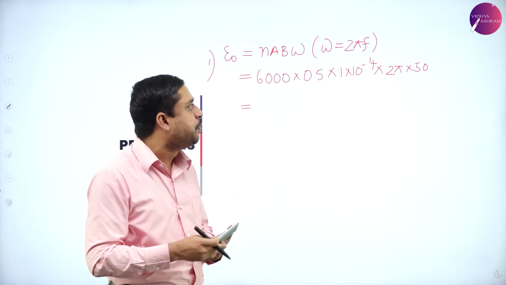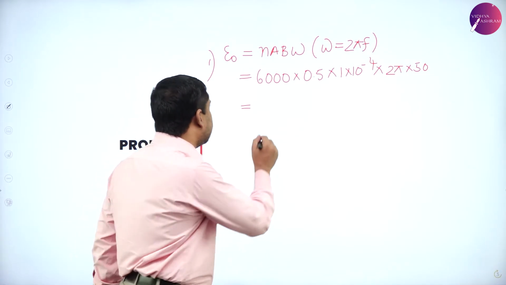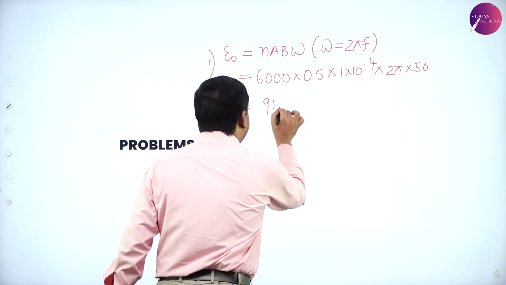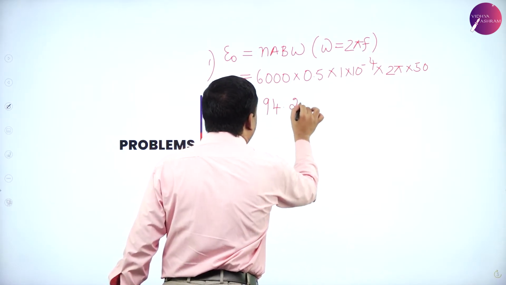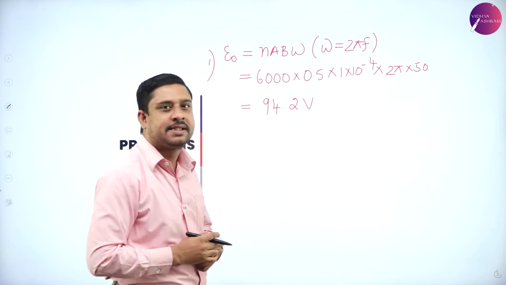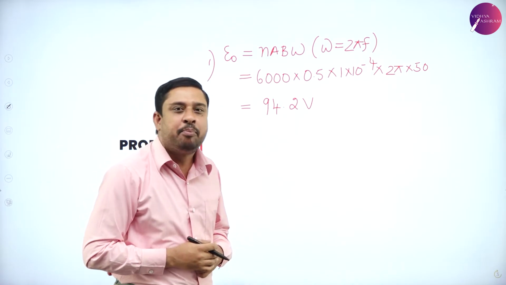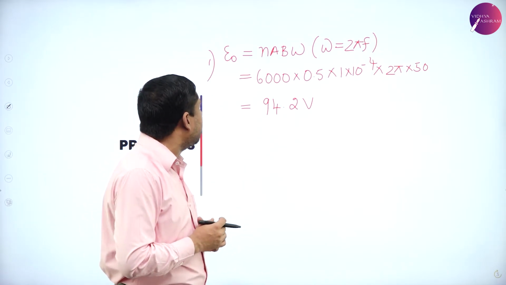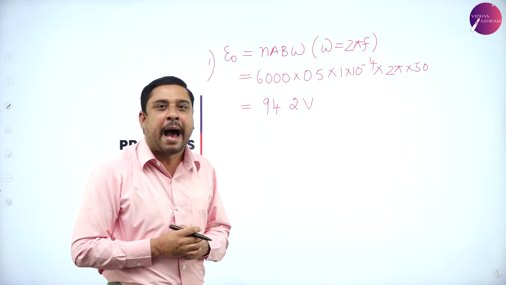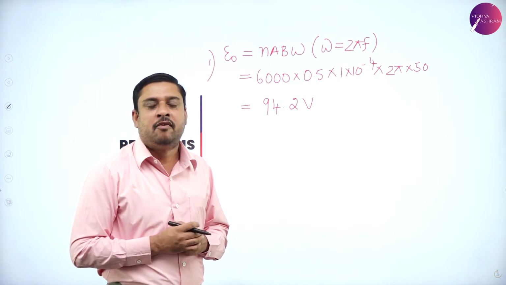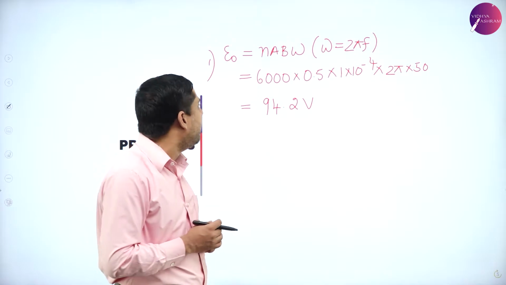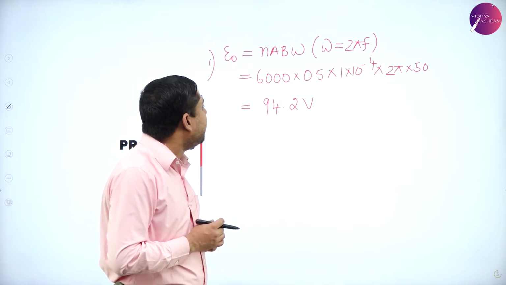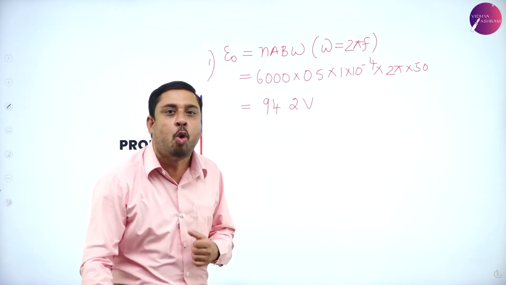On simplification, this turns out to be 94.2 volts. So in simple calculations, we have got the maximum value of EMF as 94.2 volts.